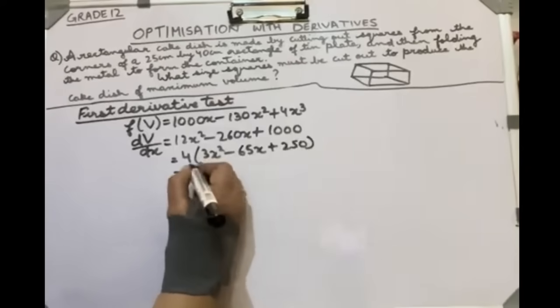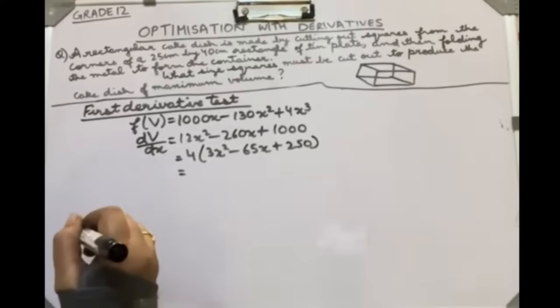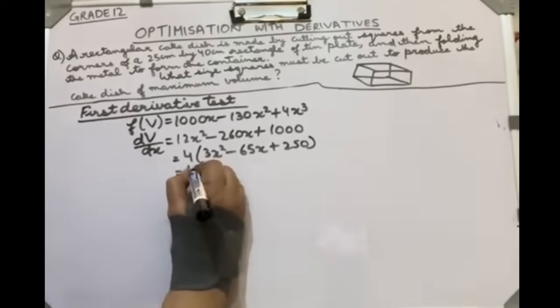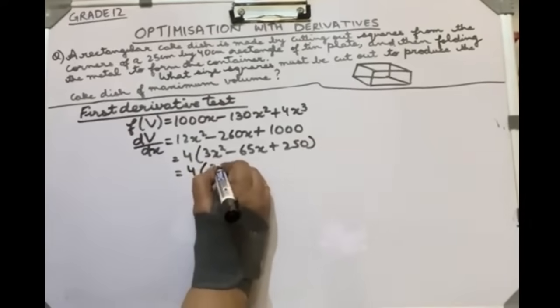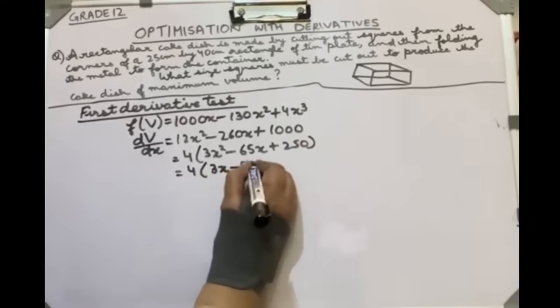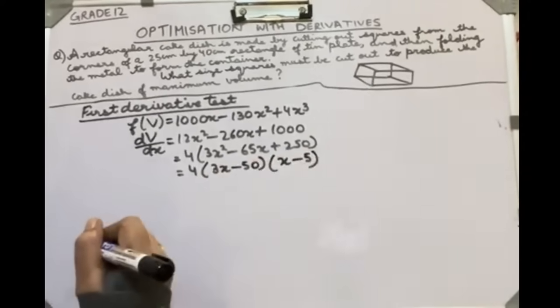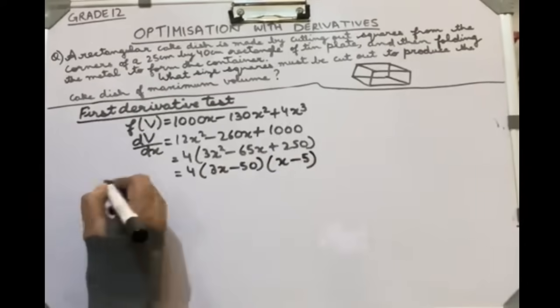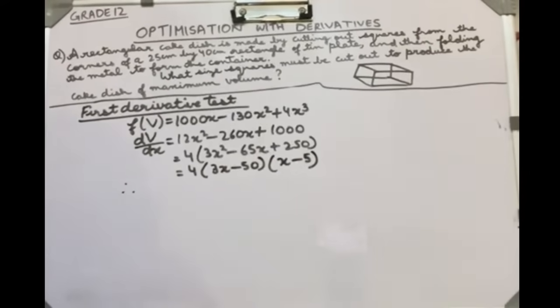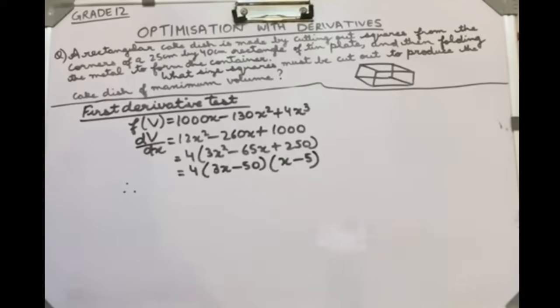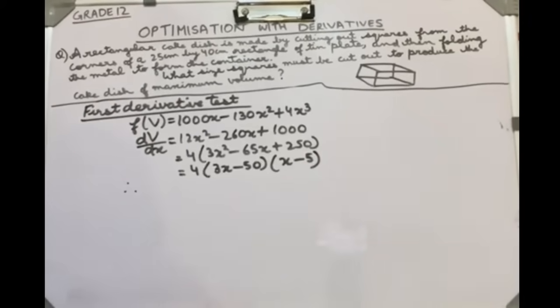Now factorizing this expression, what do we get? 4 multiplied by (3x minus 50) multiplied by (x minus 5). Now, we know the rule for the first derivative test that we have to solve f dash x equal to 0 to find critical numbers in order to find the potential maximum or minimum.